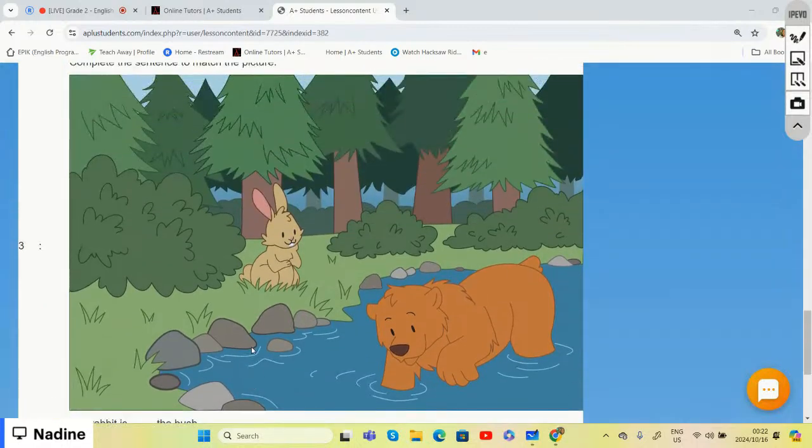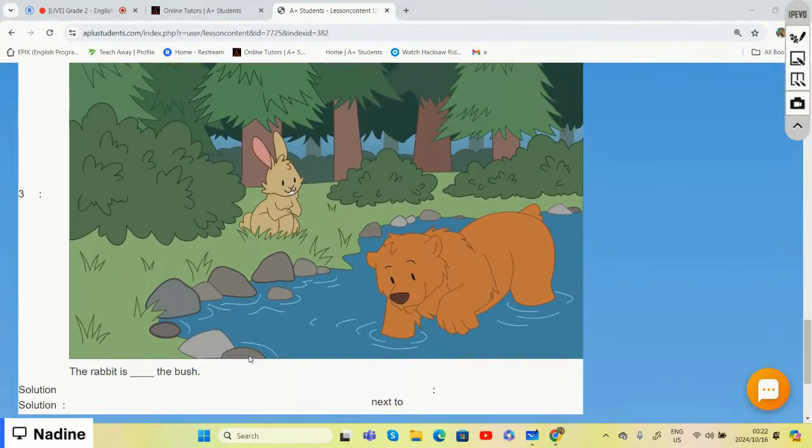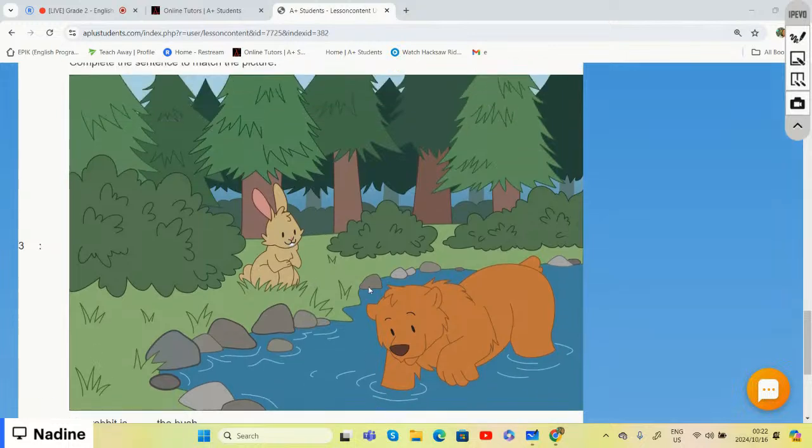And if we look at this little rabbit and the bear, it says this rabbit is the bushes. Where by the bush is this rabbit? There we have our bush. Where do we see the rabbit compared to where the bushes are?